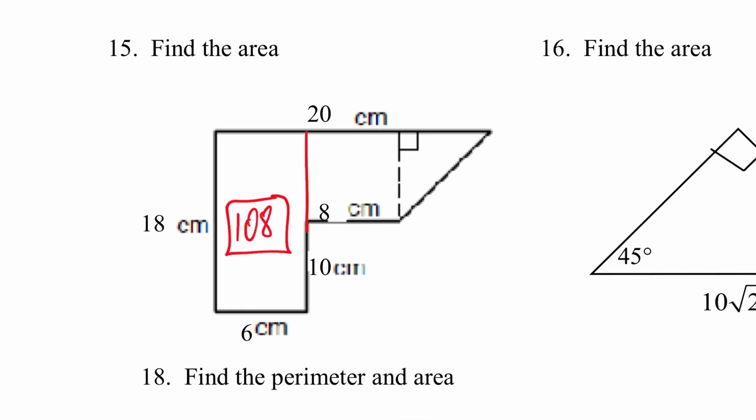Now let's think about this piece right here in the middle. I know from here to here is 8, because it tells me right there. How far is it going to be from there to right here? 8. Okay, how do you know it's 8? Well, how do you know it's a square? Because it's 18, 18 minus 10. Okay, good.